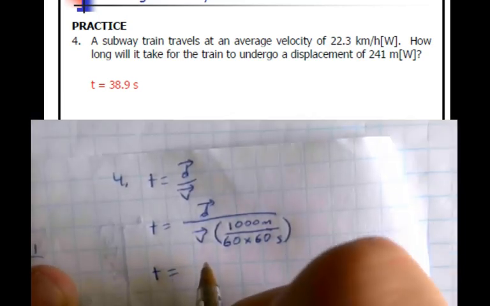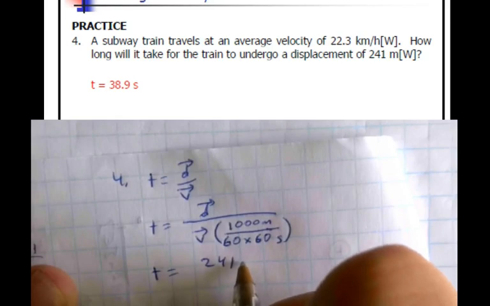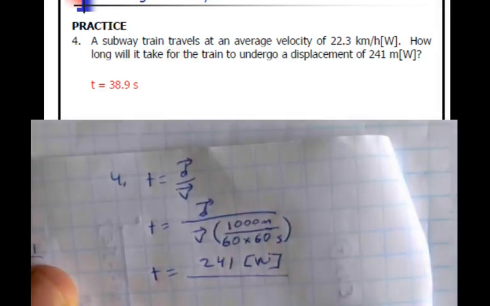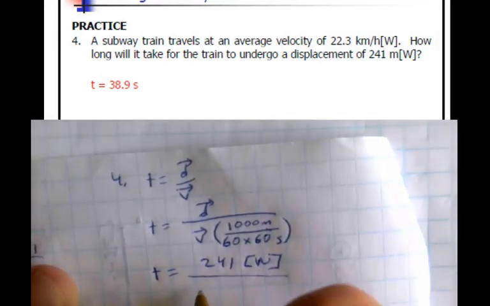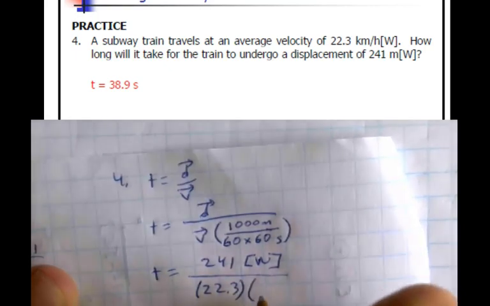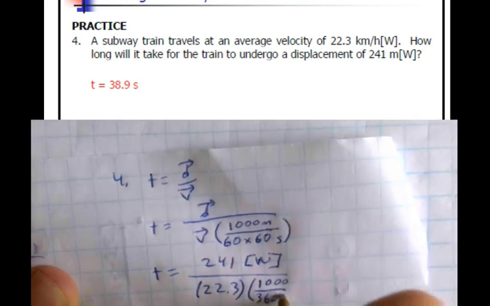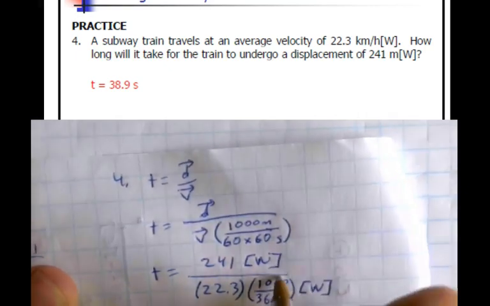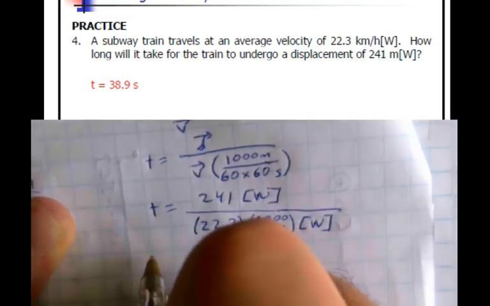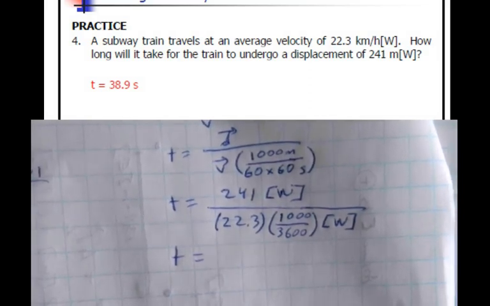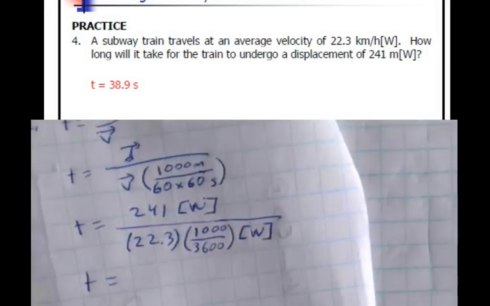We have a 241 meter west displacement, and we have 22.3 kilometers per hour times 1,000 meters over 3,600 seconds, directed west. Let's put this in the calculator.